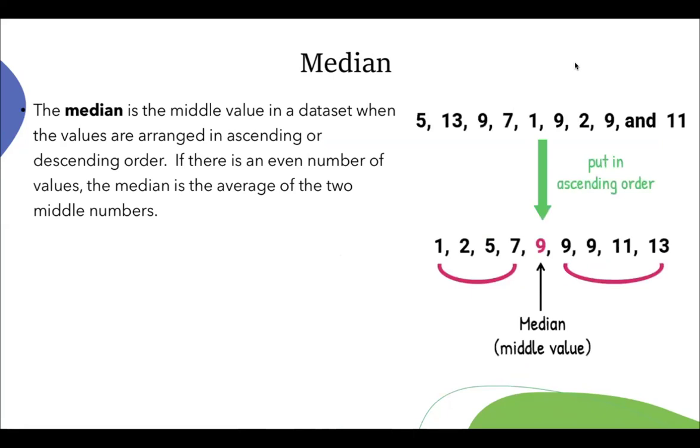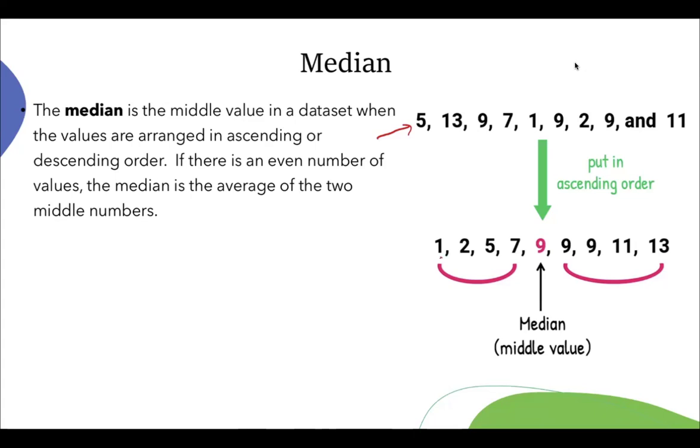The median is the middle value in a data set when the data values are arranged in ascending or descending order. If there's an even number of values, the median is the average of the two middle numbers. So if you have a data set, for example, this set right here, the first step in finding the median is to change these numbers to be in ascending order from left to right.